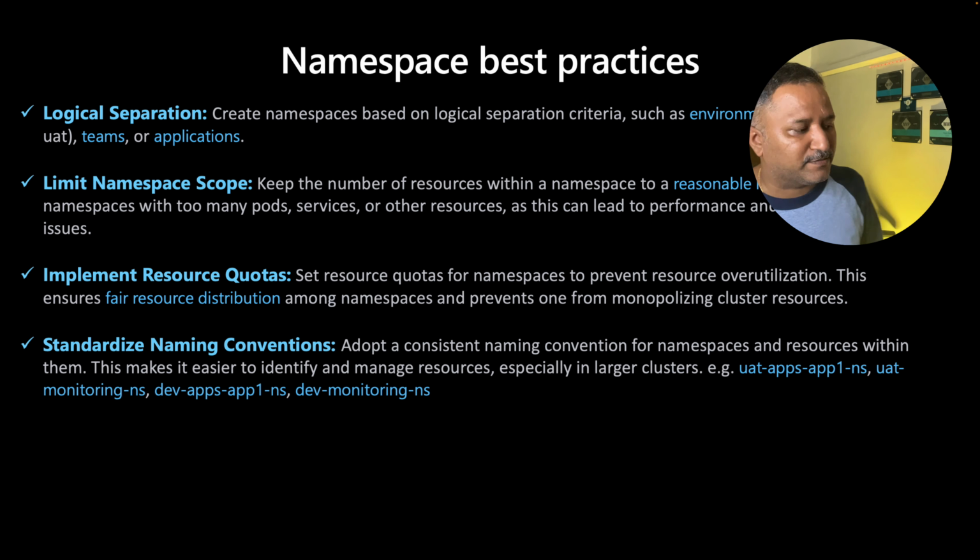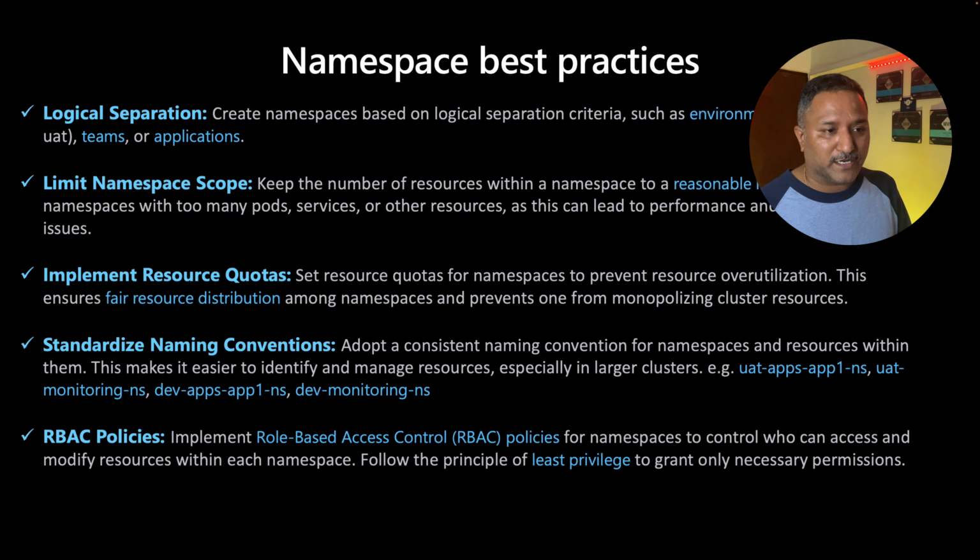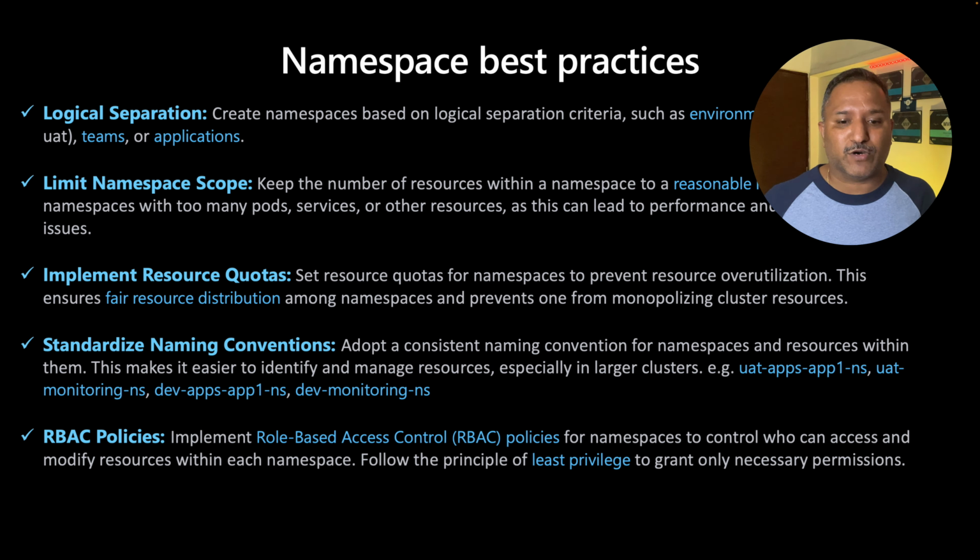Similarly, we can club together monitoring resources by using environment name like UAT, then monitoring, and the namespace related to all monitoring resources, and so on and so forth for dev and other clusters or other environments.